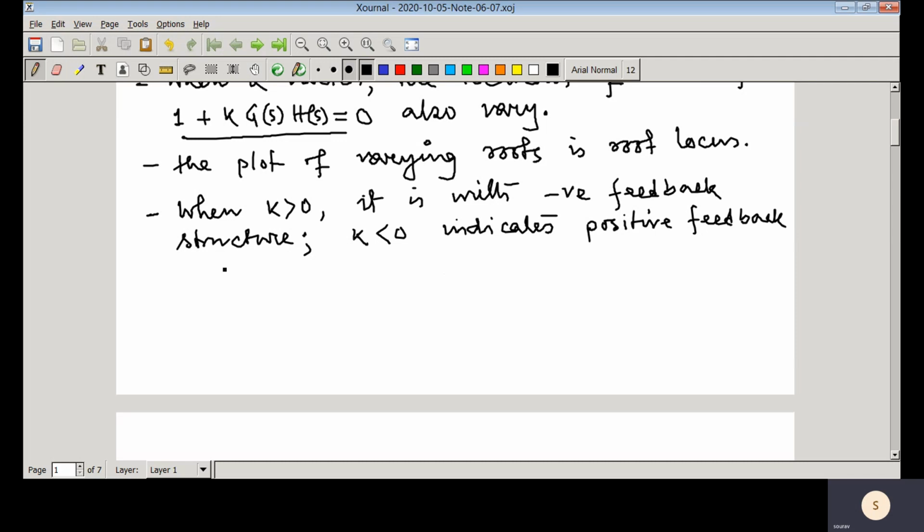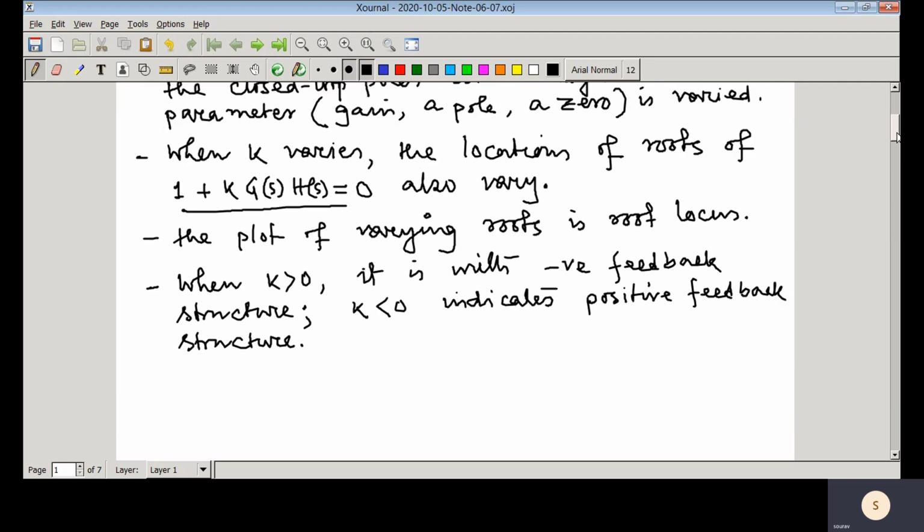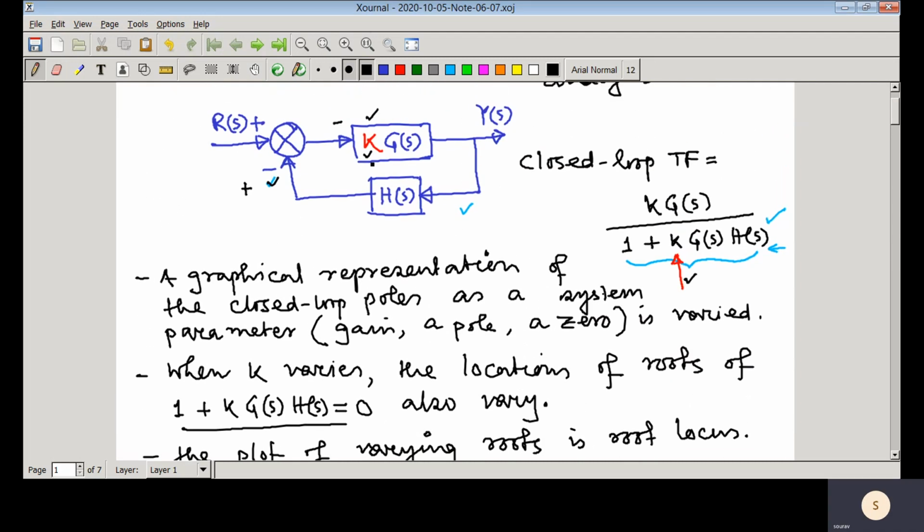Positive feedback structure. So here, if k is positive, then we can see that it is a negative feedback structure, because in that case the characteristic equation would be 1 plus kG(s)H(s).